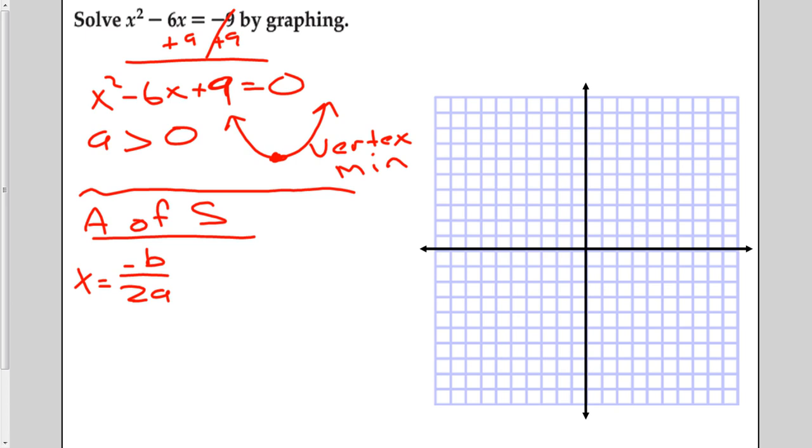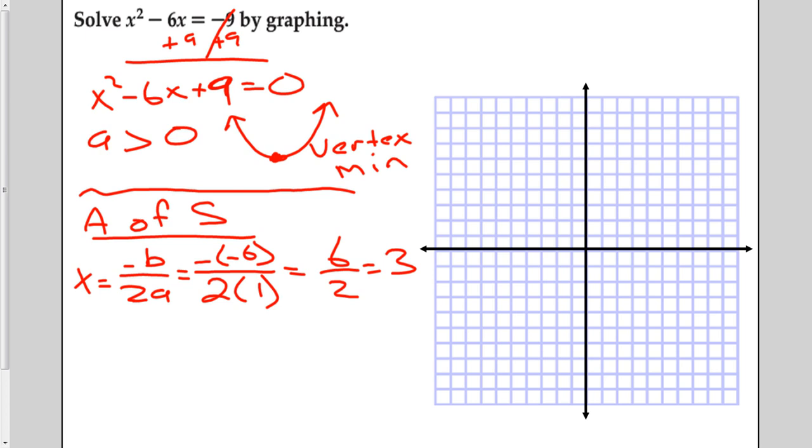Remember, our a is the coefficient of the x squared term, b is the coefficient of the x term. So we have minus b, which is minus 6. I always put mine in parentheses just to remind myself that I'm plugging in. Divided by 2 times a, which is positive 1. So I get positive 6 divided by positive 2, which is 3. So that means my axis of symmetry is 3.